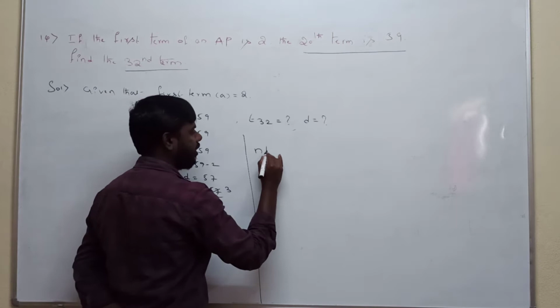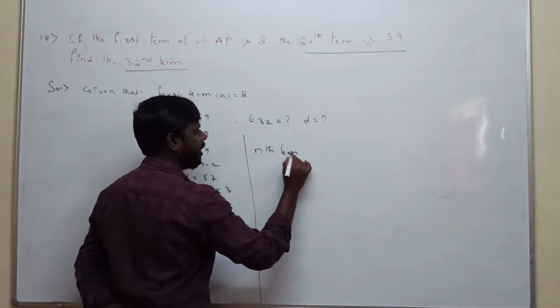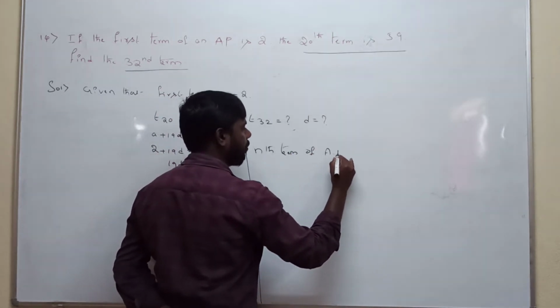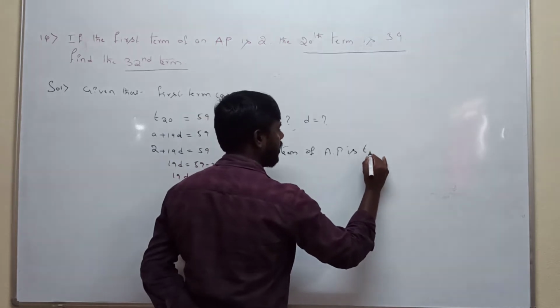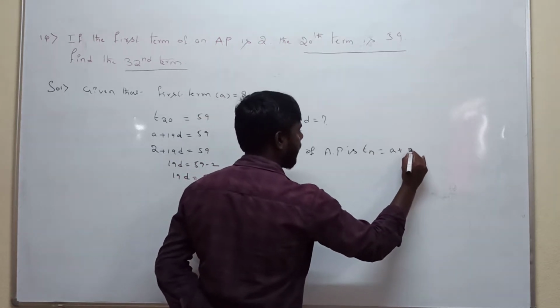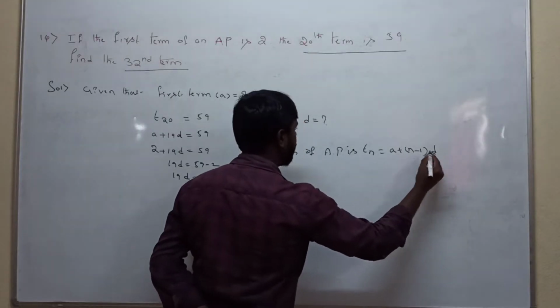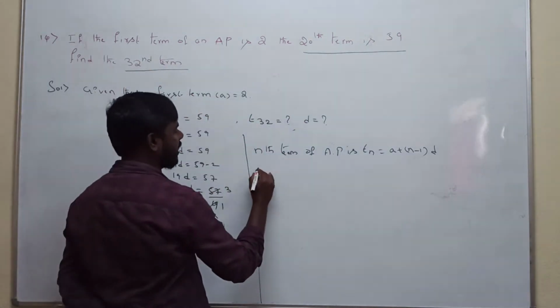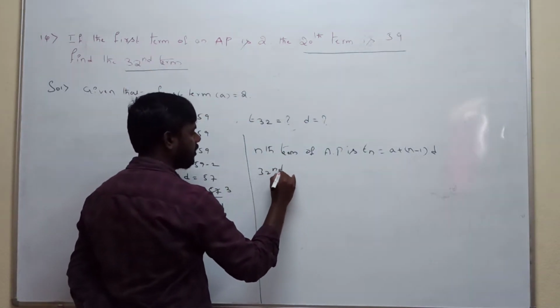Next, to calculate the 32nd term, apply the nth term of an arithmetic progression: Tn is equal to a plus n minus 1 into d. To calculate the 32nd term, n value is 32.